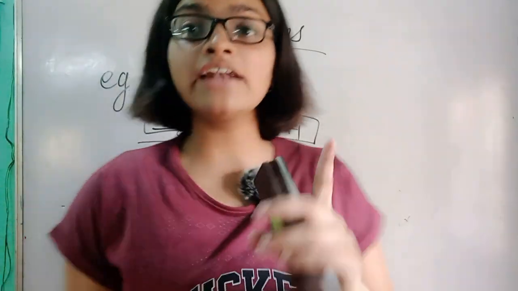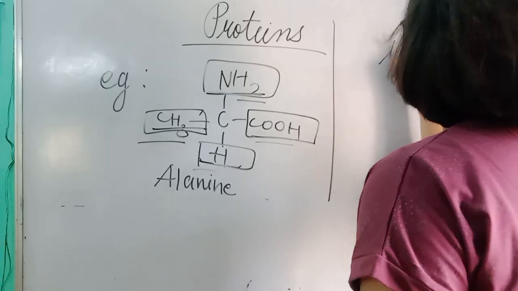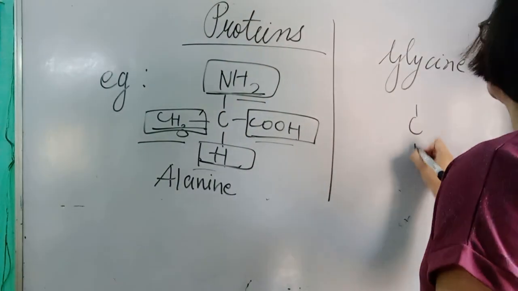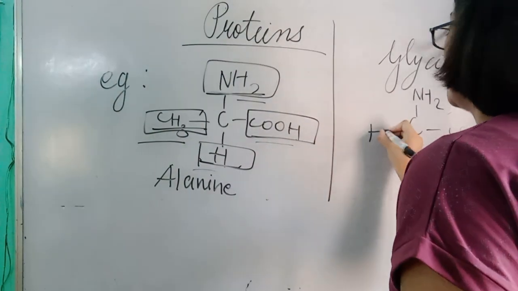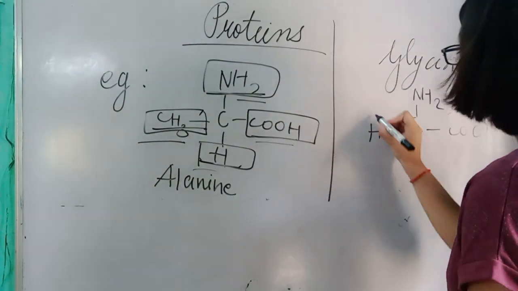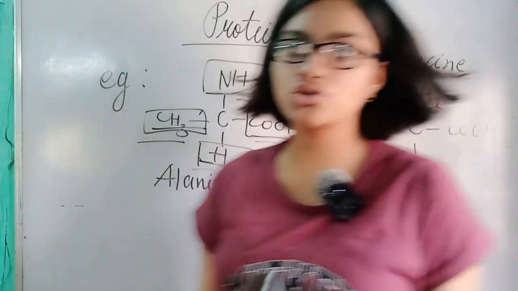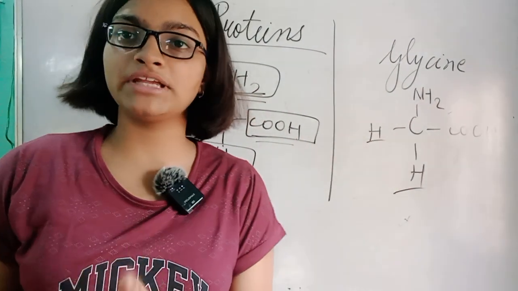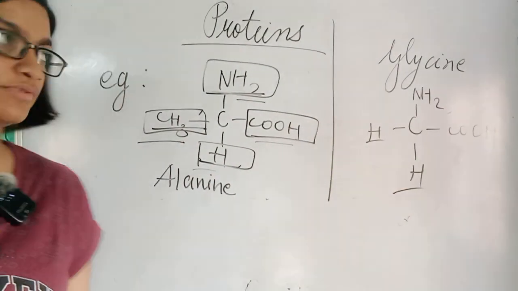Whereas if we compare it with the structure of glycine, having carbon, NH2 group, COOH, hydrogen atom, and hydrogen atom, here we don't have 4 different groups because the two hydrogens are repeated. So this shows that glycine does not possess chirality. That is why it is not optically active, whereas all other amino acids are optically active.